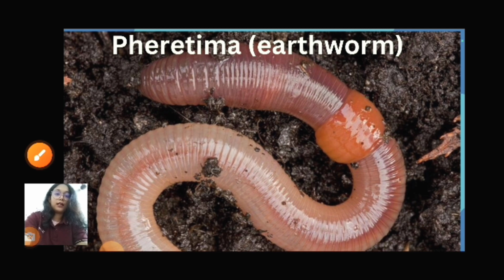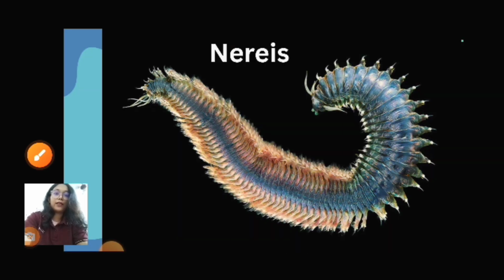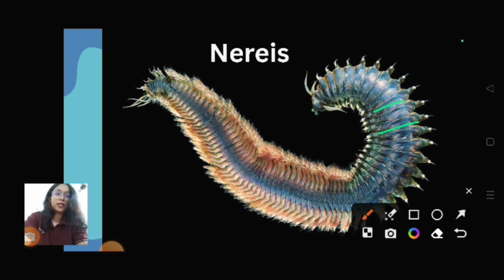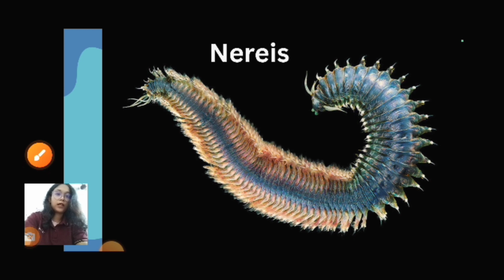Then next slide, Nereis, which is having parapodia, we have already discussed. Here also you can see metameric segmentation. Okay, they are having parapodia for what? For swimming purpose. And they are what? Dioecious. Means both male and female are separate.